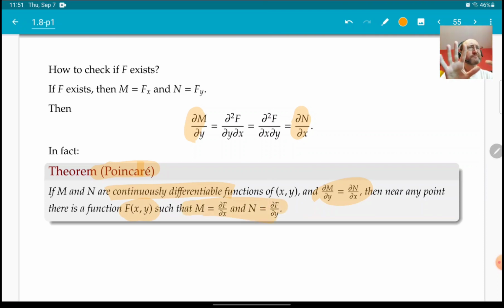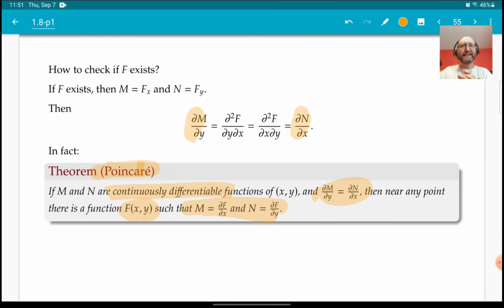Now it's only local, so you might not get a global function that works for all x and y. It's only for some x and y. Near any point, you can find a solution. Maybe not globally. That's kind of tricky.